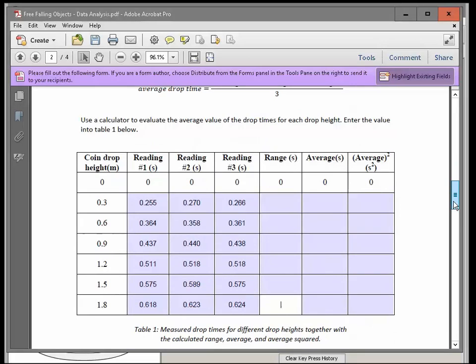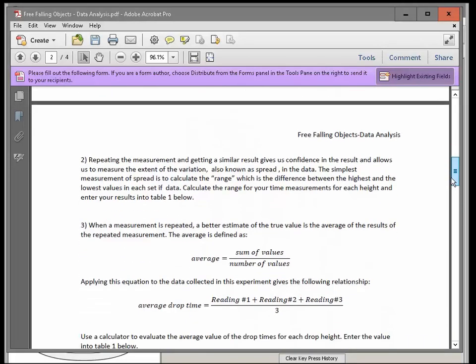Having entered our data, we can start with a data analysis.